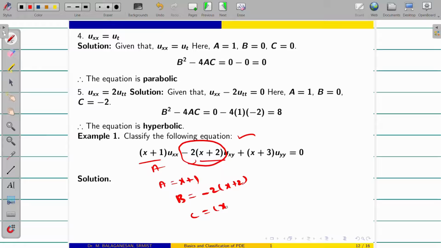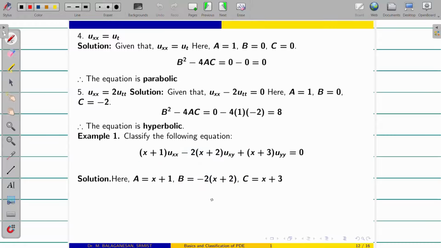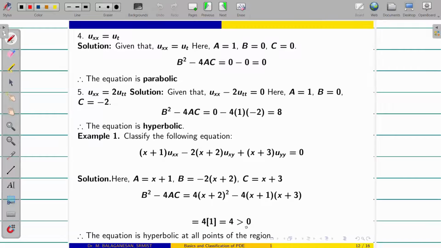C equal to x plus 3. Then apply the formula b square minus 4ac. Apply a plus b whole square formula. Here multiply everything. The variable will cancel everything. Finally, you will get the constant. 4 only it will be there. The variable, whatever you are getting here, everything will be cancelled. Just expanded. So positive. Positive means hyperbolic.